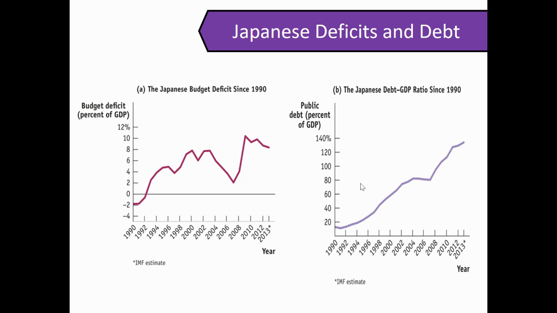The large deficits that the Japanese government began running in the early 90s have led to a rapid rise in their debt to GDP ratio, as their debt has grown very quickly. This has led some economists and analysts to express huge concerns about the long run fiscal health of their economy, because their debt is such a huge percentage of their GDP, and what's going to happen in the long term.